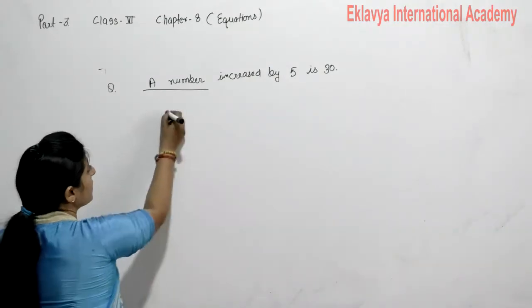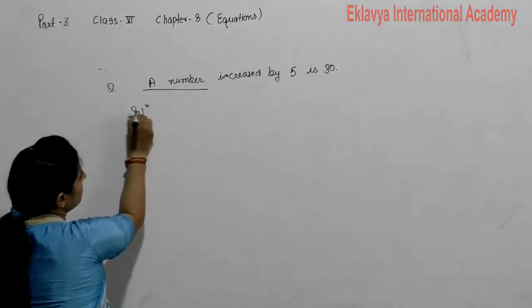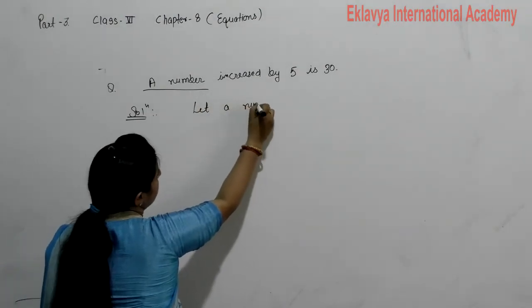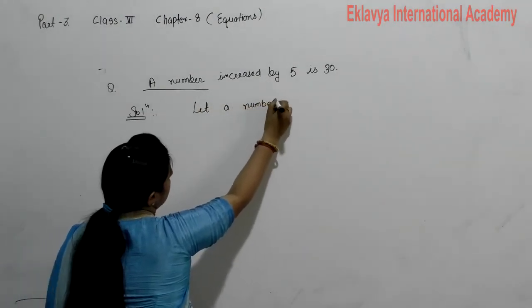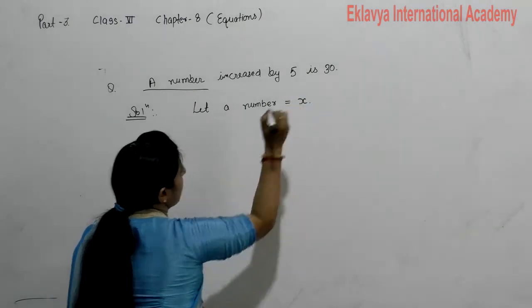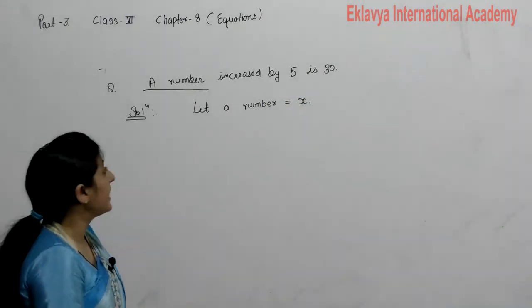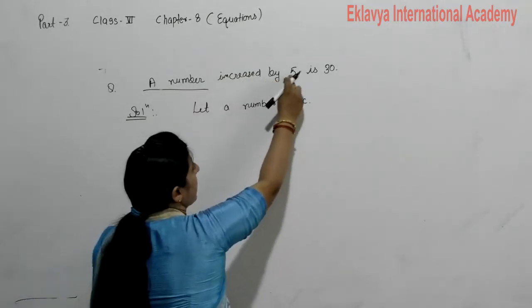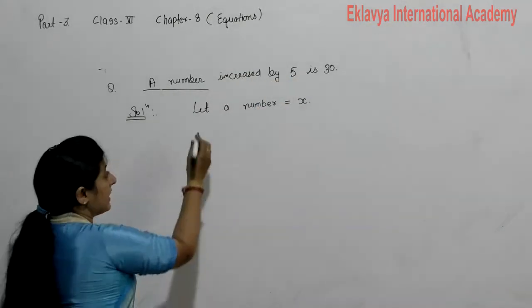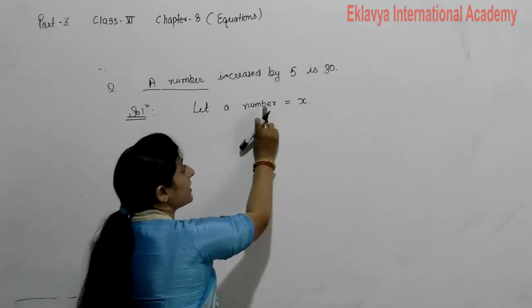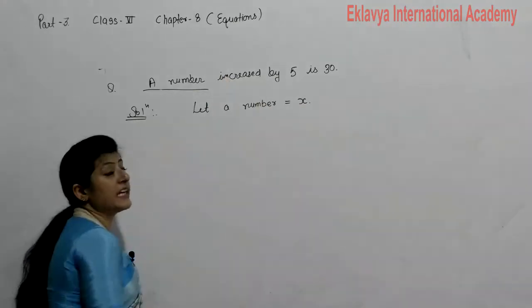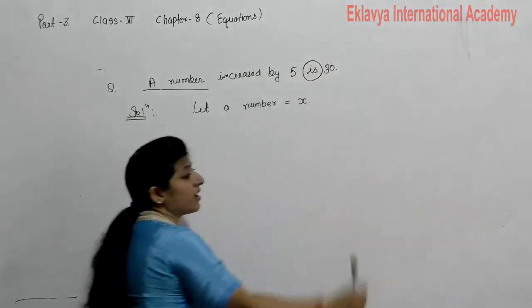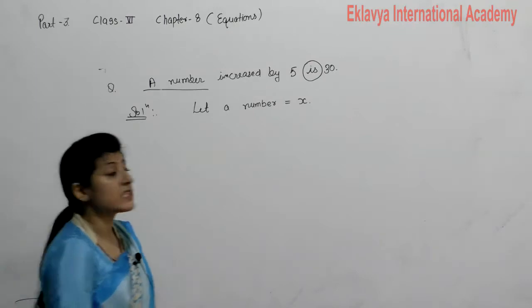So we don't know it, then we write down: let a number is equal to x. A number increased by 5. It means if we add 5 to this number, whenever you have a helping verb in the statement, it means put an equal sign.